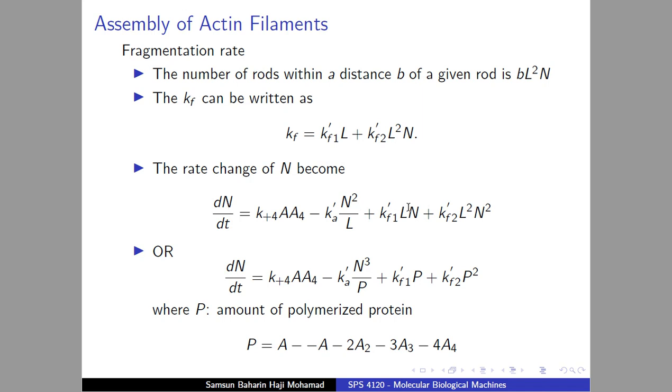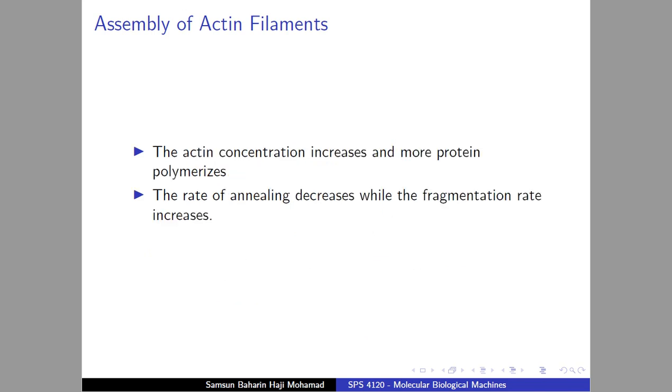From this equation we can move it to this one, where P is the amount of polymerized protein: A1 plus 2A2 plus 3A3 plus 4A4. This means how much protein is long.